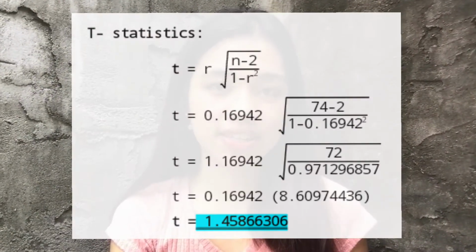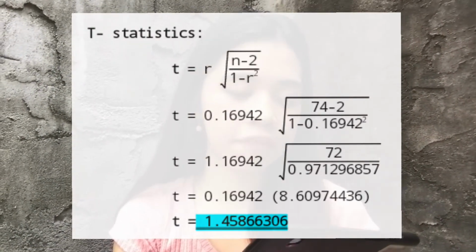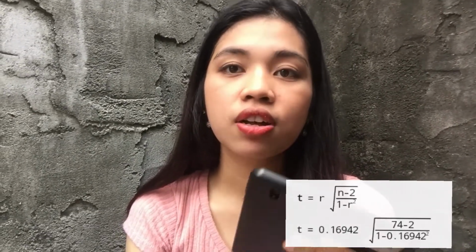Applying the t-statistic formula, we have t equals 0.1694, which is our coefficient correlation, times the square root of 74 minus 2 over 1 minus 0.1694 squared. So 74 here is our publicly listed companies. Minus 2 is given. Then over 1, this is given also, minus 0.1694 squared.